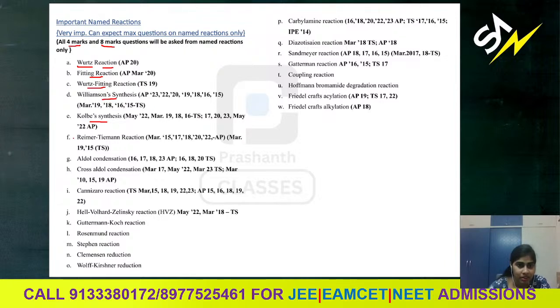And we have the famous important Reimer-Tiemann reaction. We have aldol condensation, and cross aldol condensation, very important reactions from aldehydes, and the Cannizzaro reaction. You can guess direct questions from these named reactions.